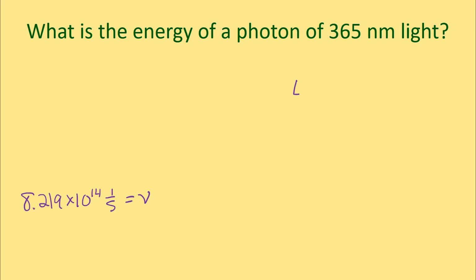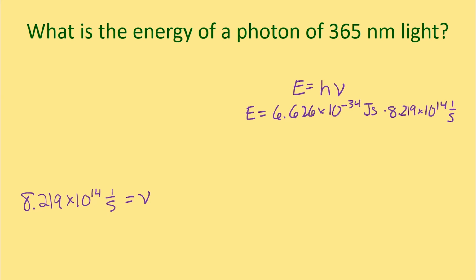So we know that the energy is equal to Planck's constant times the frequency. Planck's constant is 6.626 times 10 to the negative 34 joule seconds times 8.219 times 10 to the 14 inverse seconds. And that number calculates out to be 5.45 times 10 to the negative 19 joules.